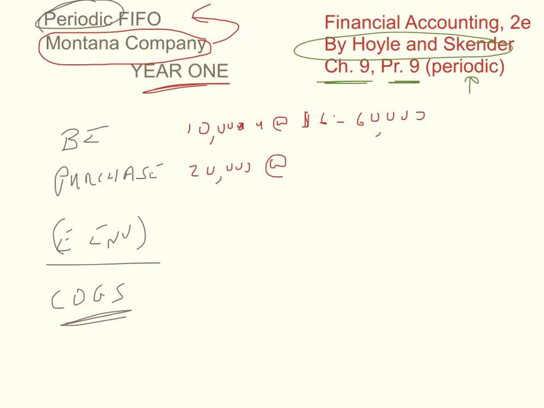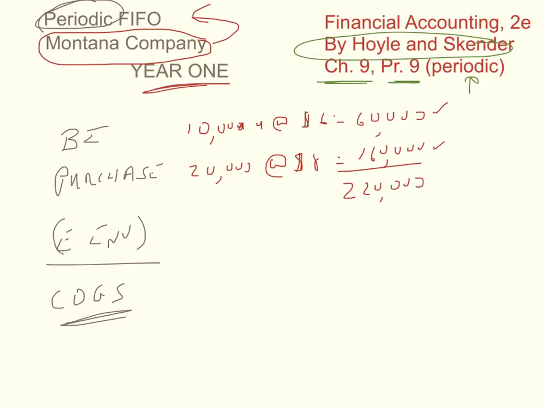So now the cost is not $6, but it's $8, and that's $160,000 more dollars of inventory. So if you add those 2 up, that will give you the total inventory for the year, $220,000 worth of inventory. Beginning inventory plus purchases gives you the $220,000 figure that you have for that period.